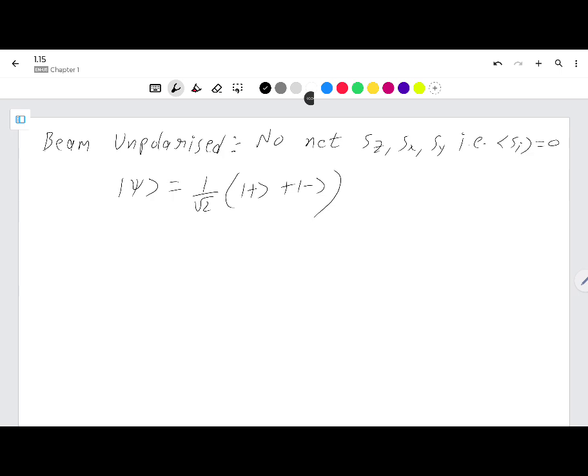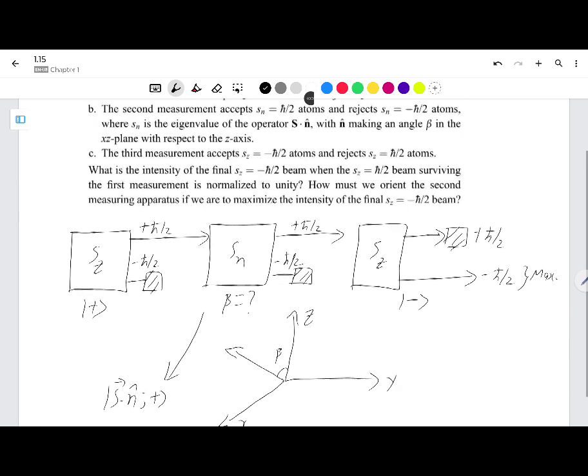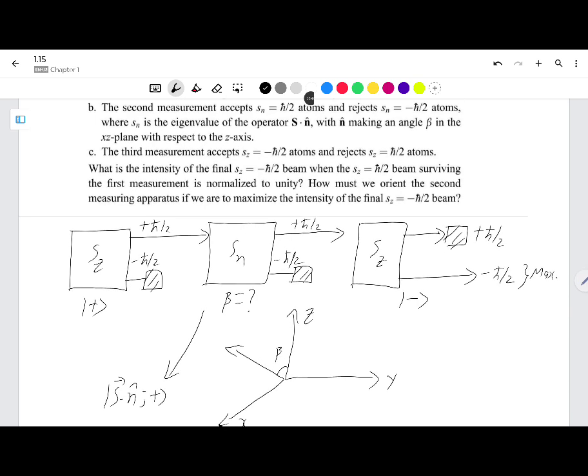So when we say that in the first part the plus ħ/2 atoms are accepted, let's say there is an initial intensity I0, then I1, I2, and IF.